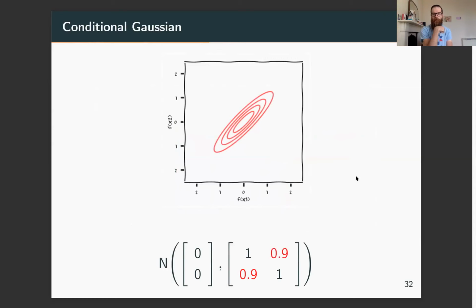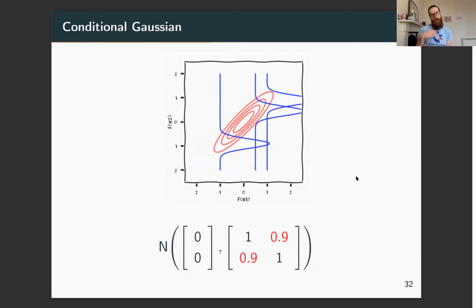And this distribution that I'm showing is now the joint distribution of the intersection at x1 and the intersection at x2, so the values of the function there. And now, if I say that I know the value at x1 being a half, I now get a distribution over the value of the other one. Dunk, dunk, dunk. And that is a Gaussian process.